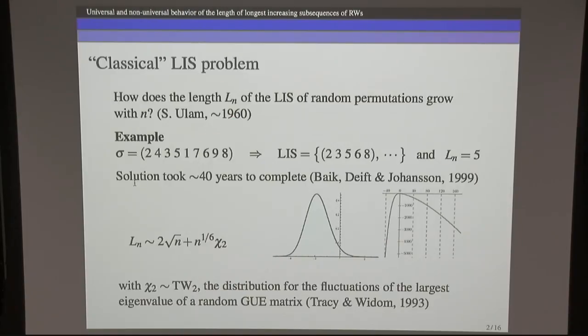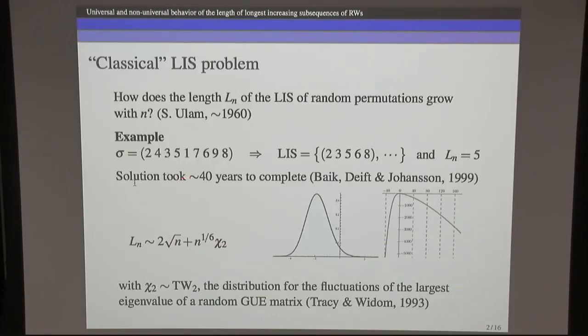Stanislaw Ulam was apparently interested in the sorting of bridge hands because he was a heavy player of bridge. And he posed this question as one possible question to be solved by the Monte Carlo method, which he also championed. So he asked, how does the length of the longest increasing subsequence of a random permutation grow with n?